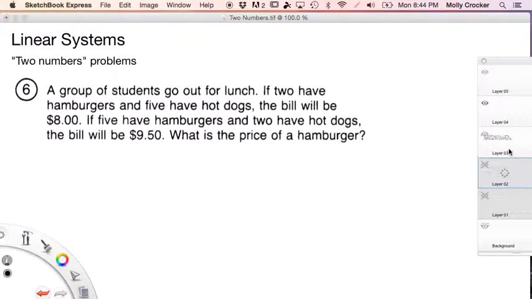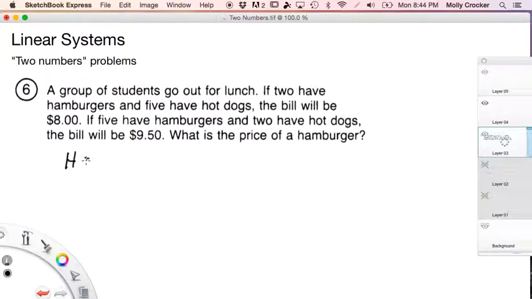A group of students go out for lunch. If 2 have hamburgers and 5 have hot dogs, the bill will be $8. If 5 have hamburgers and 2 have hot dogs, the bill will be $9.50. What is the price of a hamburger? And by the way, this is probably in 1984 dollars when this was written. So, what don't we know? We don't know how many bought hamburgers. So let's make some labels.